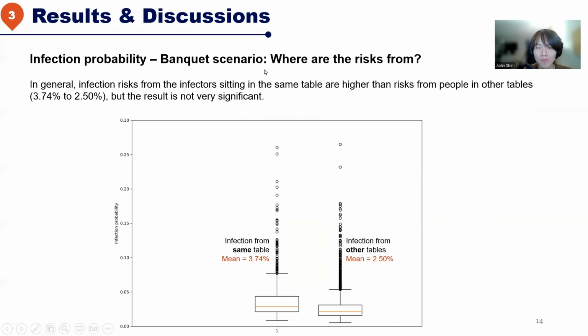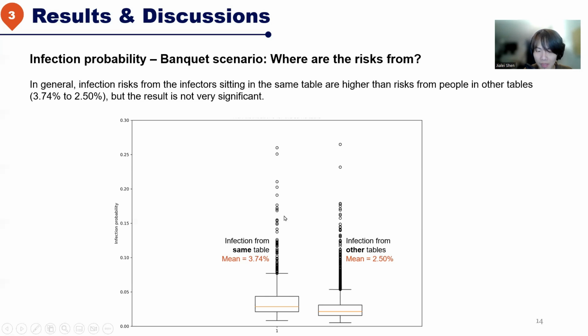Then for the banquet scenario, we also want to know where the risks come from. Are they from the people who are sitting at the same table or from the people who are sitting at other tables? From the result, we can know that infection from the same table is higher, 3.7% versus 2.7% for cross-table infections.